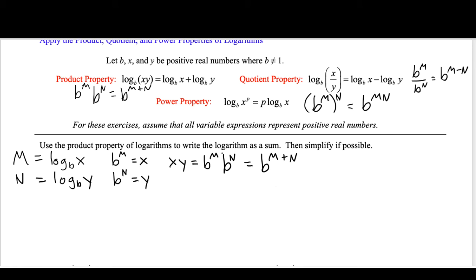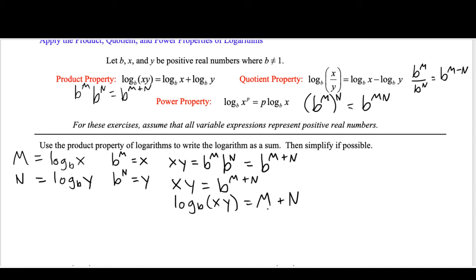So in other words, just removing the middle piece here, what I have is that x times y is equal to b raised to the power of m plus n. So what happens if I take this expression and write that in logarithmic form? Well, what I would get is log base b of xy is equal to m plus n.